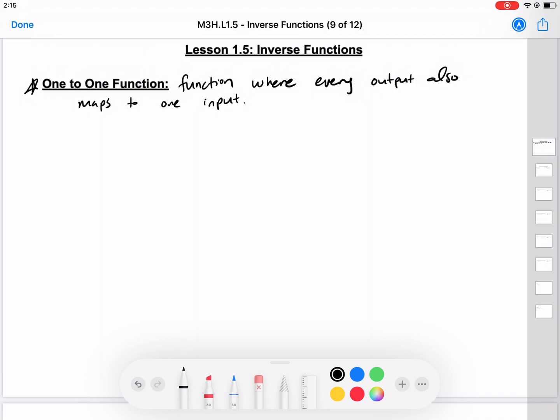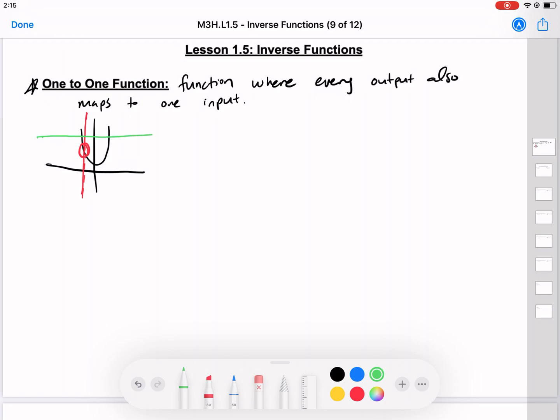Let's think about that visually, and then we'll define inverses. So visually, what that means, if we're only mapping to one, let's start with the one input maps to one output. So an input would be like an x value. So here's like a generic x value. If it's mapping to one output, it's only hitting the graph once. But if we're doing outputs, outputs are y values.